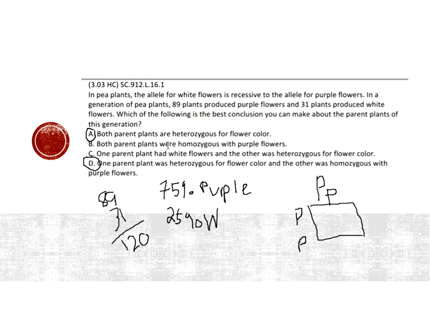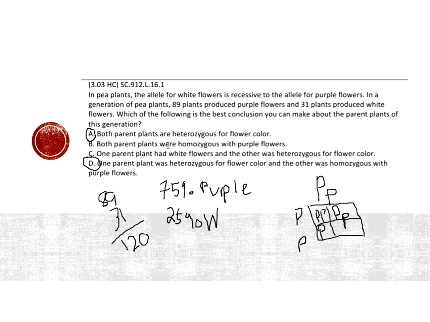And if we make our little square, then we go across. That means we would get a big P, big P. We would get a big P and a little p.